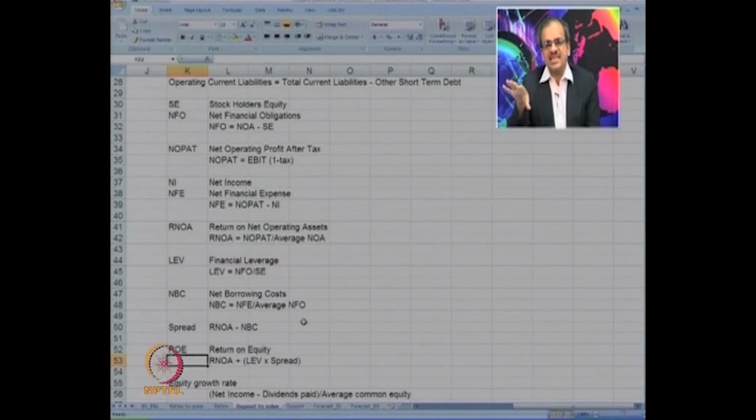But in DuPont analysis, we calculate it in a slightly different manner, because we have already calculated a figure of RNOA, which is the total return available on assets, to which we add leverage into spread, because spread is extra money which is being generated by using the debt funds or borrowed funds. We multiply by leverage. So if the company has say 70% of outsiders' funds, that spread into leverage will give the owners that much extra money. That is why it is RNOA plus LEV into spread.